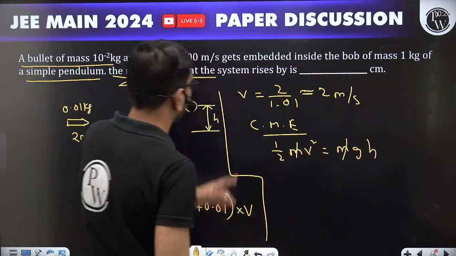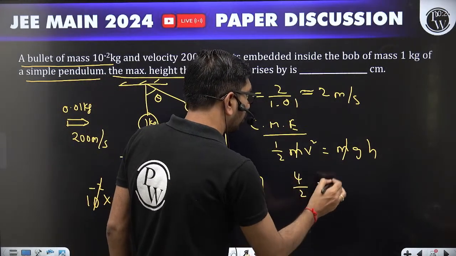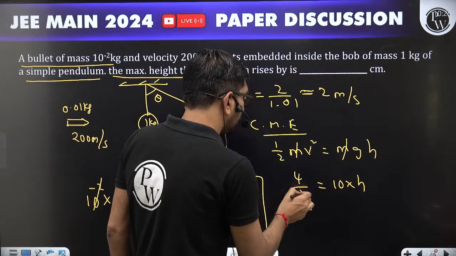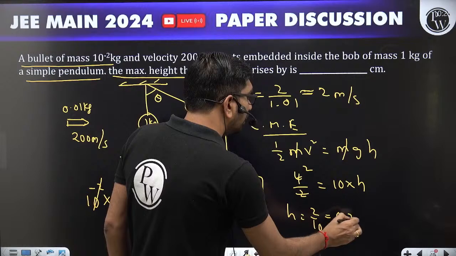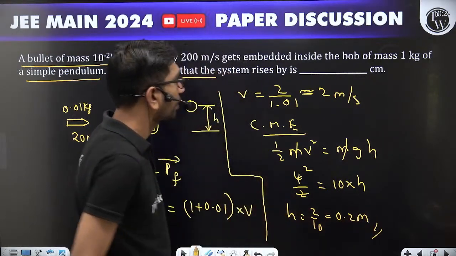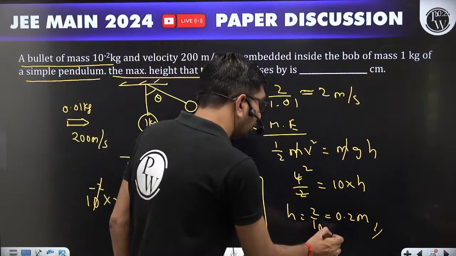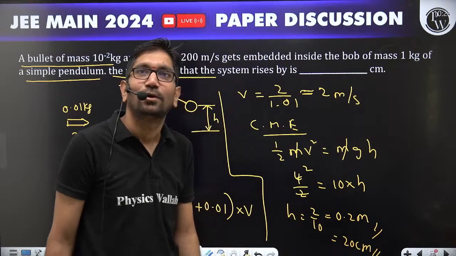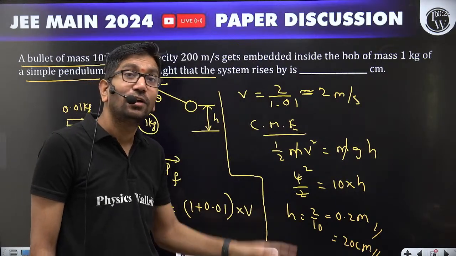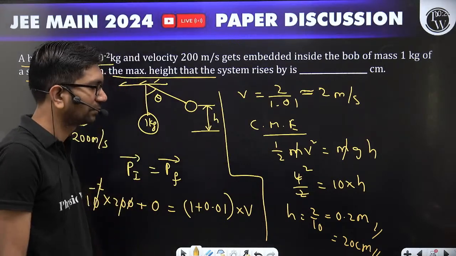V square, V value we got as 2, 2 square is 4. 4 by 2 equal to 10 into h. 2 2s are. H equal to what you got? 2 by 10, that is 0.2 meters. He is asking in centimeters, right? For the 0.2 meters, you can write it as 20 centimeters, correct.